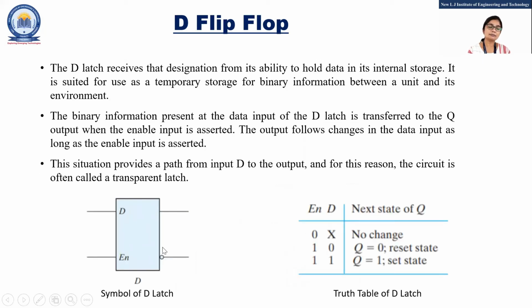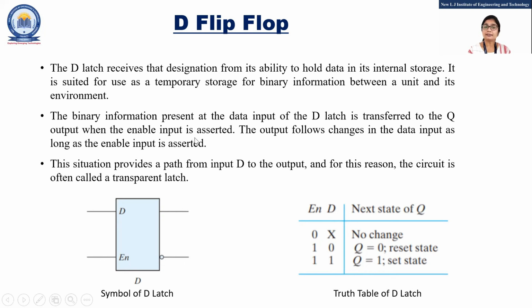This is the symbol of the D latch, and this is the truth table of the D latch. Now you can see here, whenever the enable input is 0, D may be 0 or 1, there is no change in the output. When the enable line is 1 and suppose D is 0, Q will be 0. If D is 1, Q will be 1.